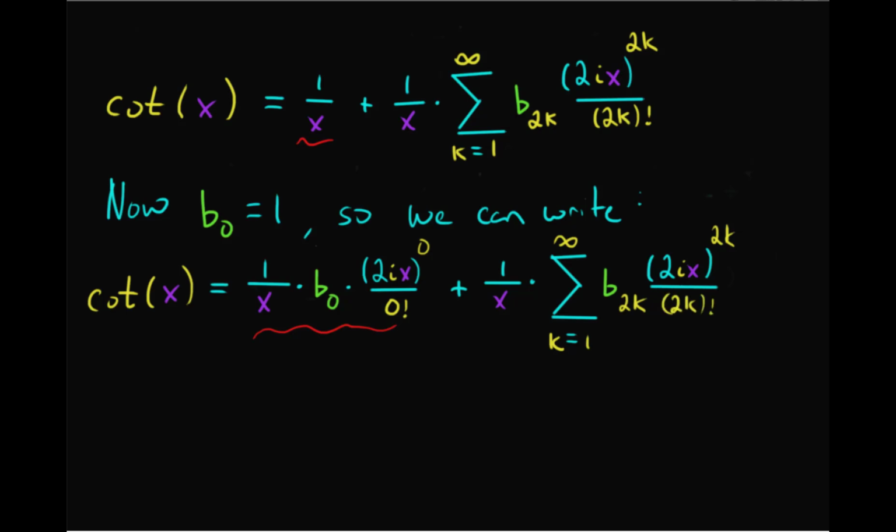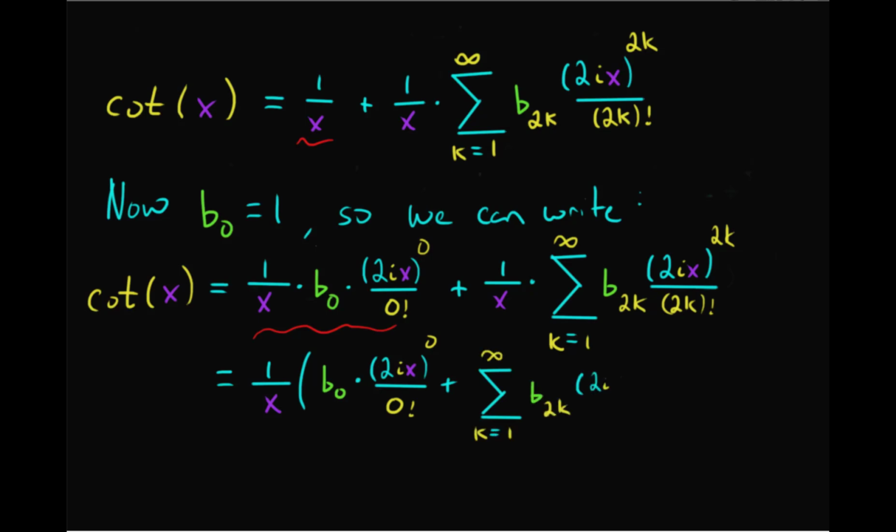So I can actually rewrite this entire expression as cotangent of x equals 1 over x times b sub 0 times 2ix quantity to the 0 over 0 factorial plus the indexed sum from k equals 1 to infinity.